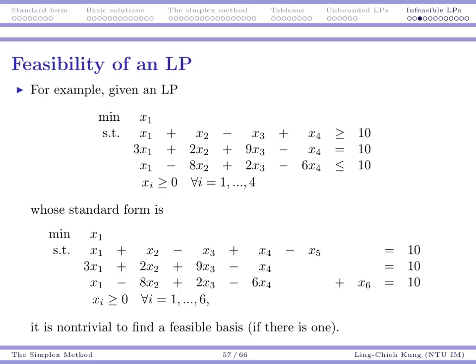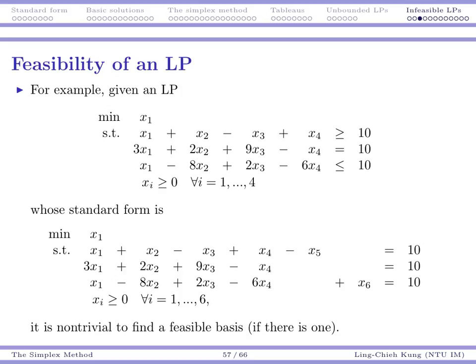And then it immediately becomes non-trivial to find a feasible basis. Given any three columns as your basic columns, you really need to solve a 3x3 linear system to check whether the values are positive, 0 or negative, to check whether it is a basic feasible solution.